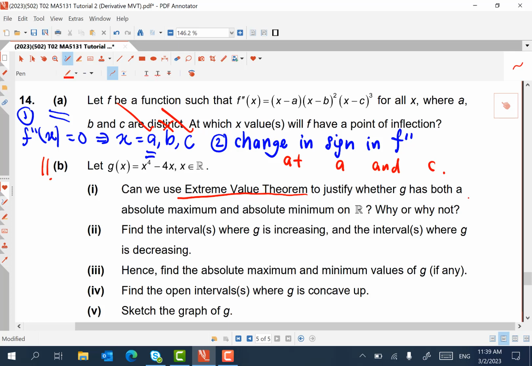It cannot, because R is open interval. Right, so for part 1, it is continuous on the entire real line. Entire real line is an open interval, and because of this, we cannot invoke the EVT. Okay? No.